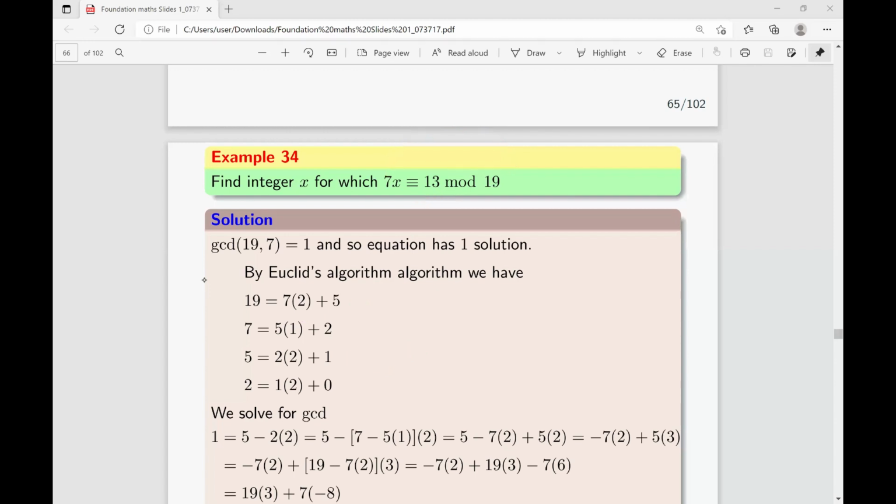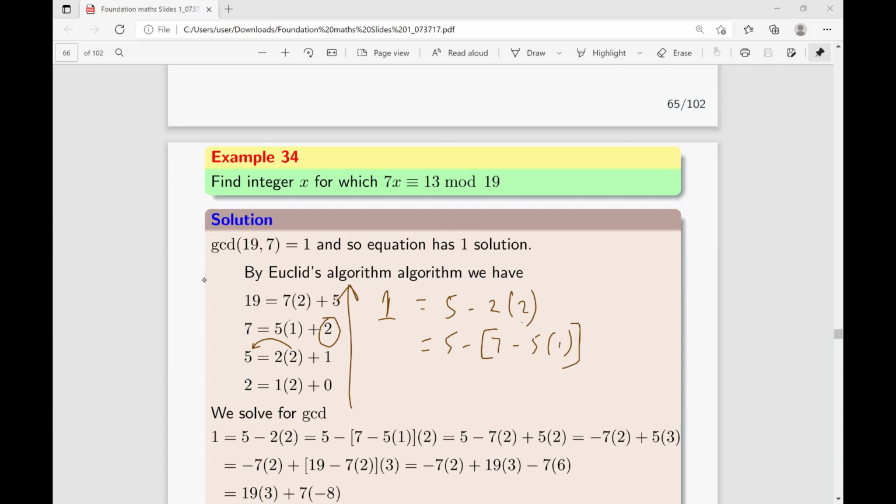So our GCD is 1. To make it the subject, we take this to the other side to be 5 minus 2 multiplied by 2. Substitute the remainder 2, going upward. This is 5. This remainder 2 is equivalent to 7 minus 5 multiplied by 1.